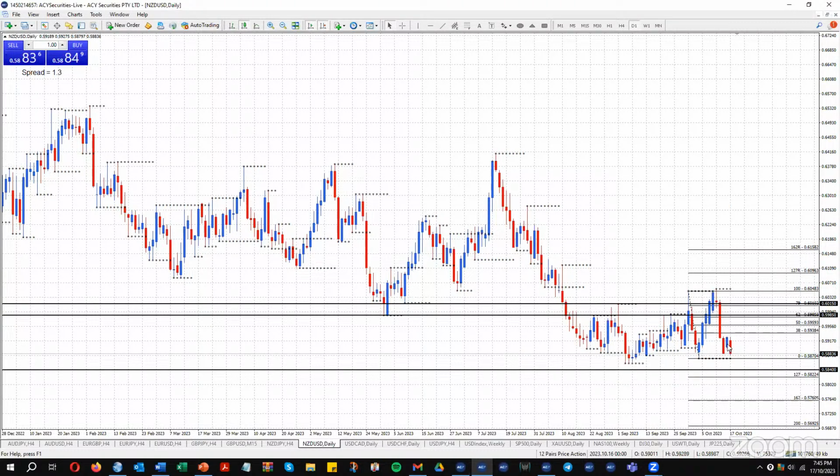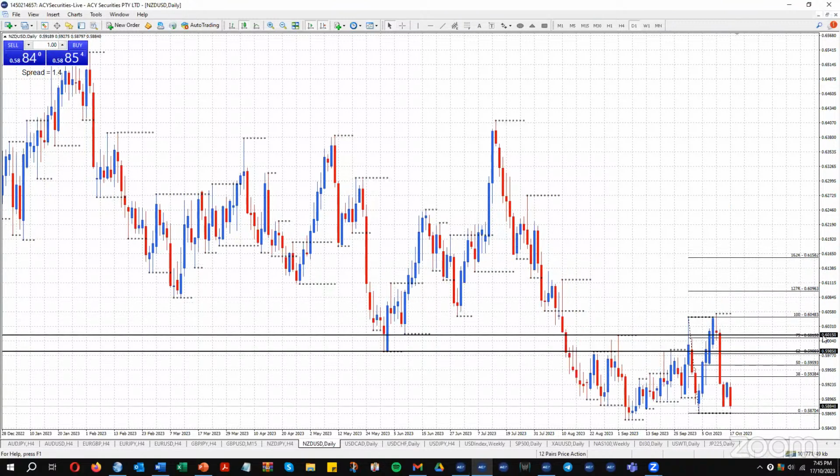So what I'd like to see, and I don't really need that line on there at the moment, is a clear move below 58.70 with a daily candle, which shows a very comfortable break, and then watch for price to rally back to the level to be resistance for a move down.